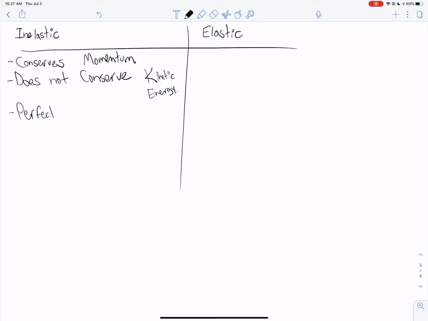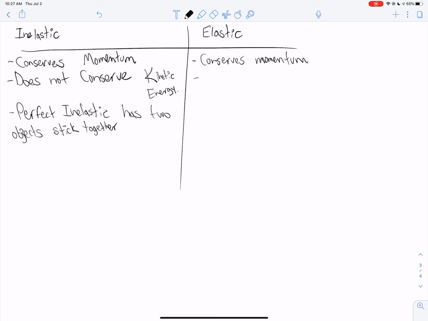A perfectly inelastic collision has two objects stick together. Now for elastic, it conserves momentum and conserves kinetic energy.